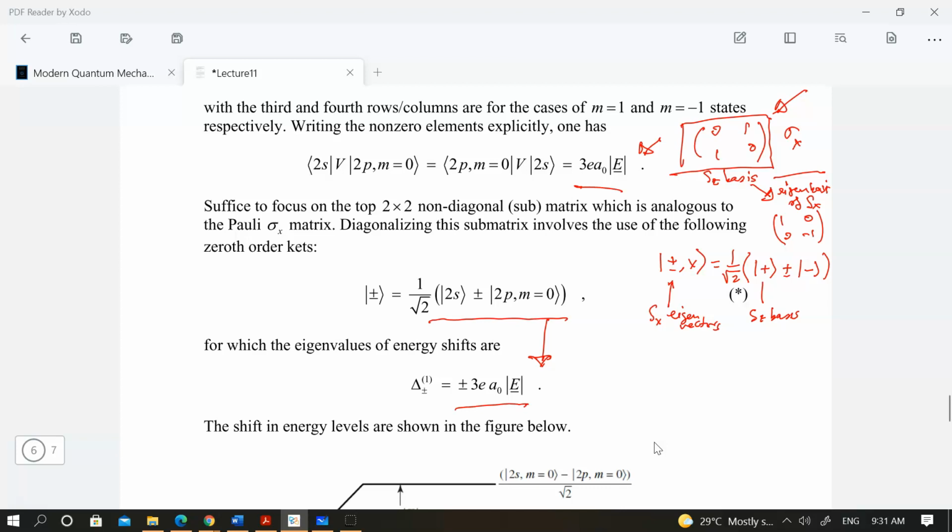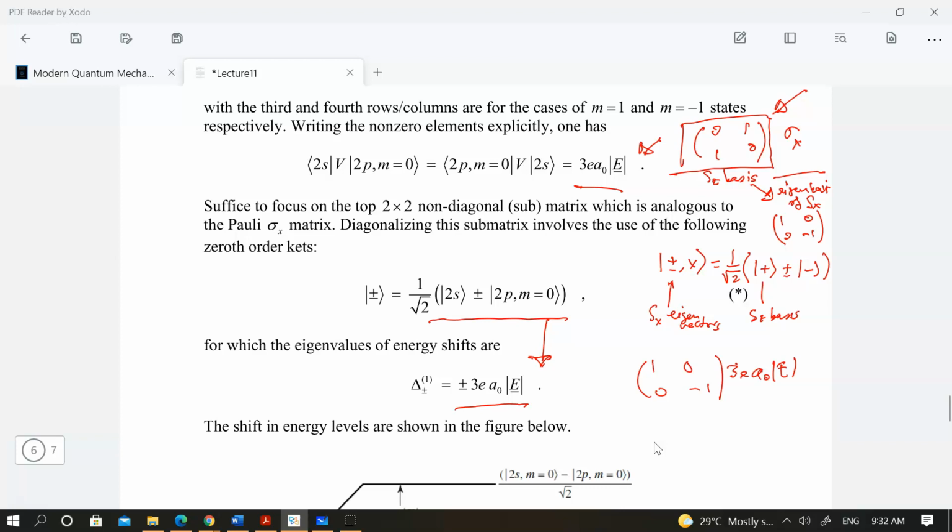So in other words, you get 1 minus 1 here, multiplied by 3e.